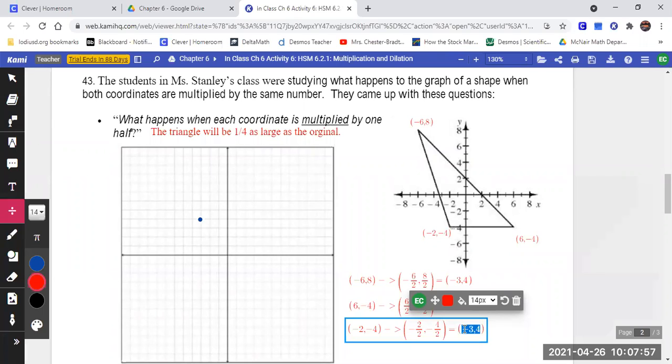Come on, guys. -2 divided by 2, comma, -4 divided by 2 in parentheses. What's our coordinate going to be?